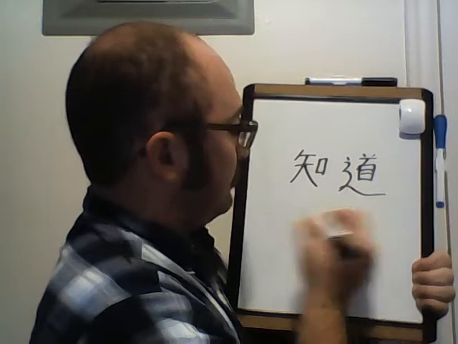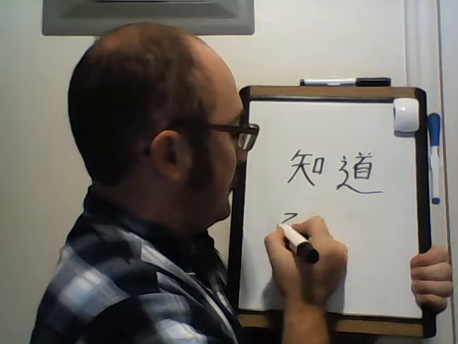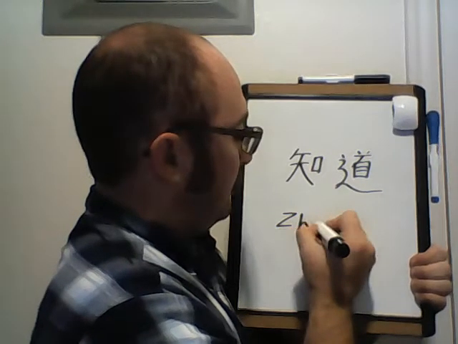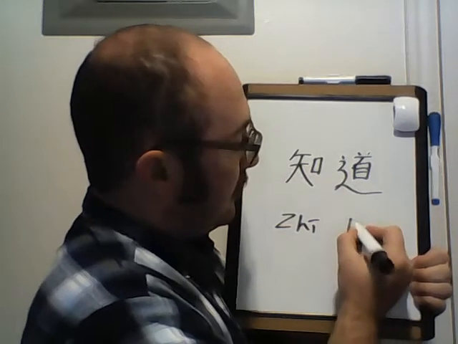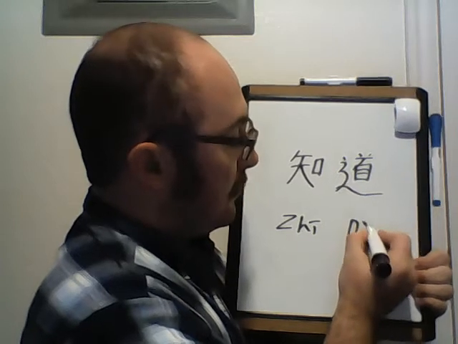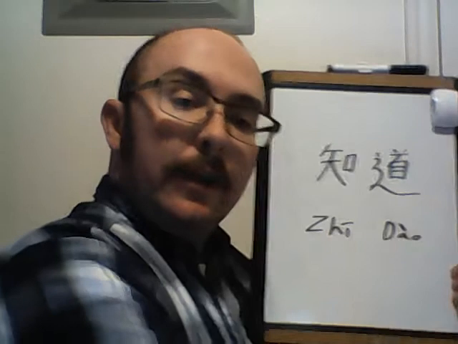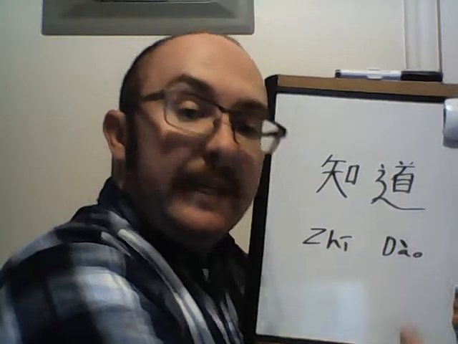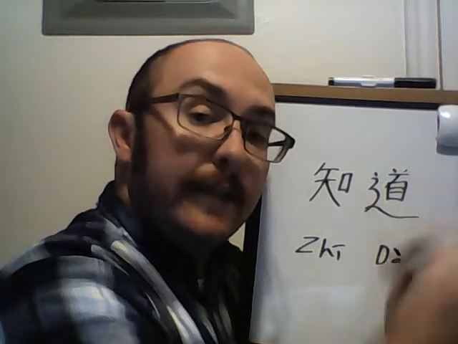Yeah, it's better. Not as good as it could be, but it's better. So this is 知道. 知道 means to know on an intellectual level.